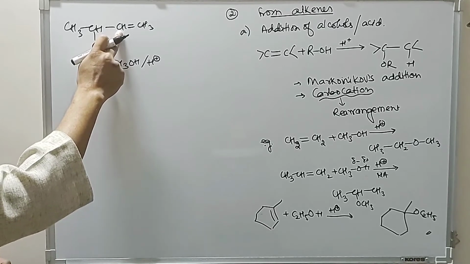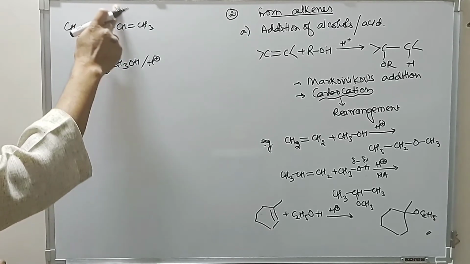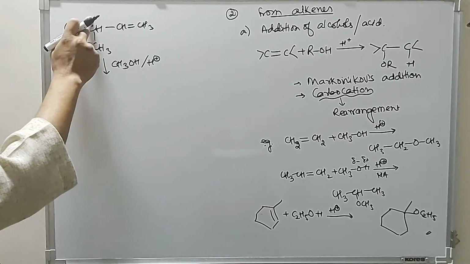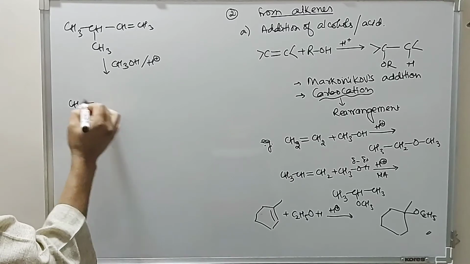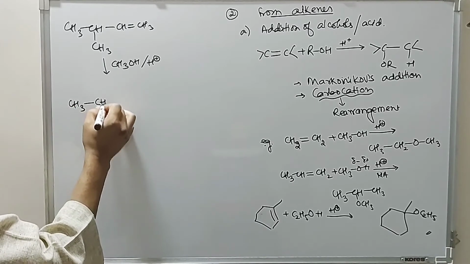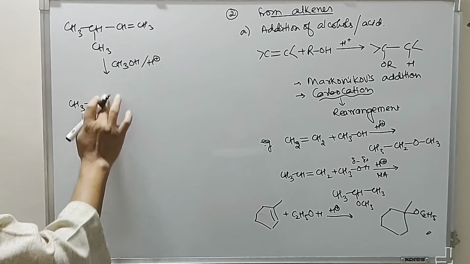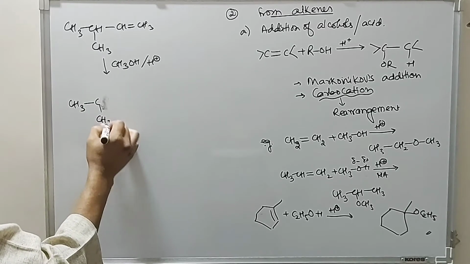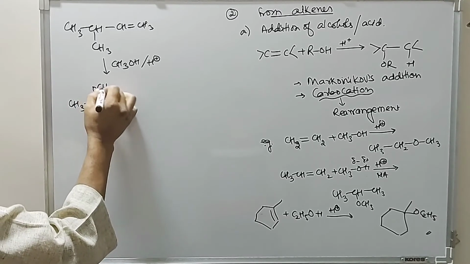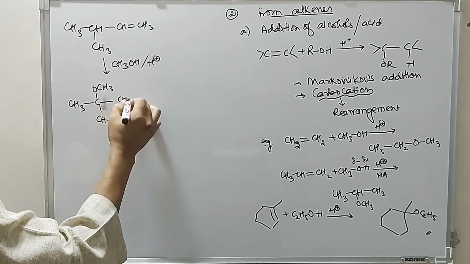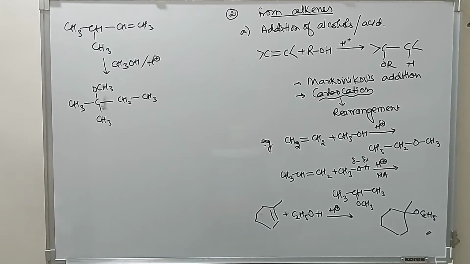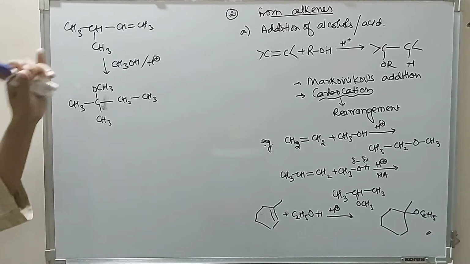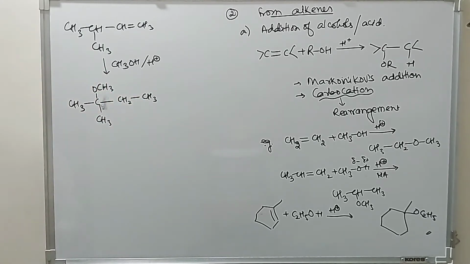This secondary cation will undergo rearrangement by hydride shift, so that it is converted into a tertiary cation, and finally the tertiary cation reacts with alcohol to give you the major product. So this is the final product that is formed. So carbocation followed by rearrangement, that is by hydride shift.